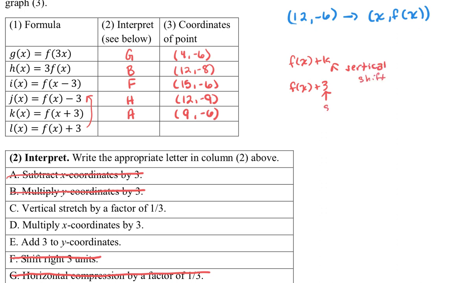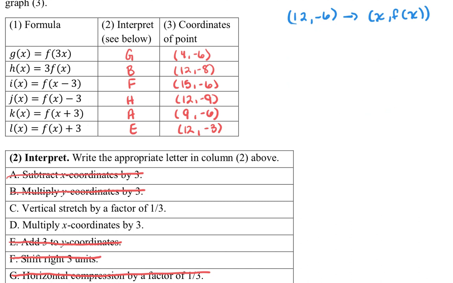This means it's just being shifted 3 units in the vertical direction, in the positive vertical direction, which is up. So then that means we're going to be adding 3 to the y coordinates, and our x stays the same, and if we add 3 to our negative 6, we get negative 3.